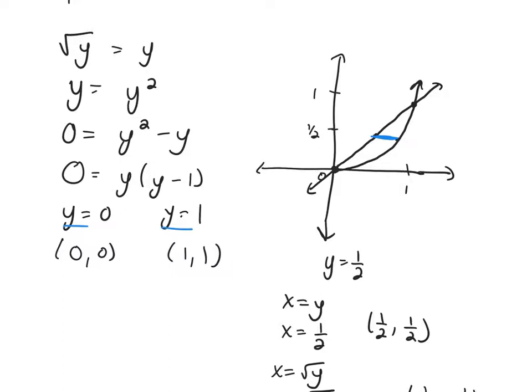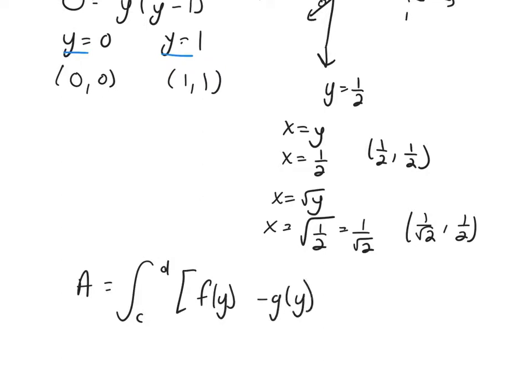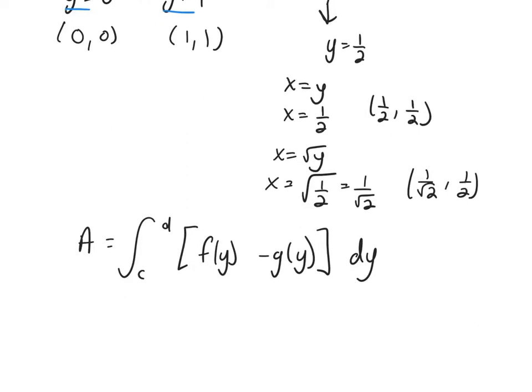Okay. So our area here, if we're integrating in terms of y, this would be the formula you would have, f of y minus g of y. And again, the first function would be the function on the right, and the second one would be the function on the left.